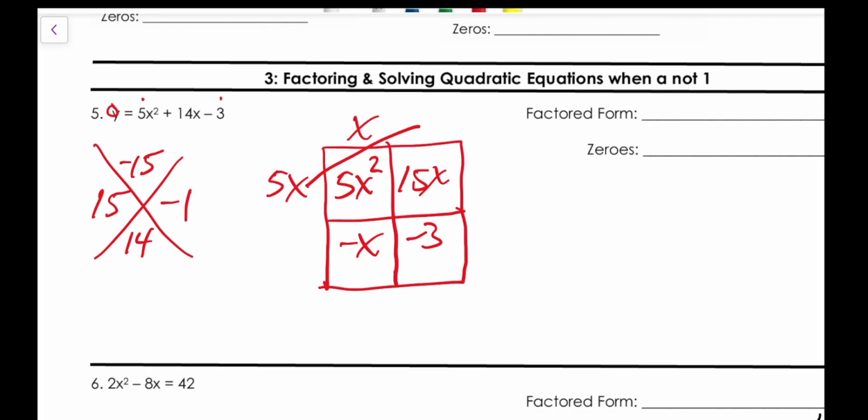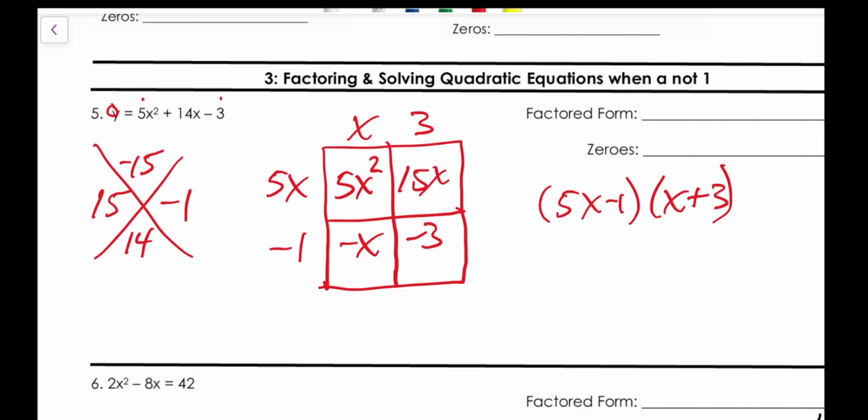5x times 3 is 15x. X times negative 1 is negative x. There's our factored form. 5x minus 1 and x plus 3. And if it's equal to 0, we set 5x minus 1 equals 0 and x plus 3 equal to 0.